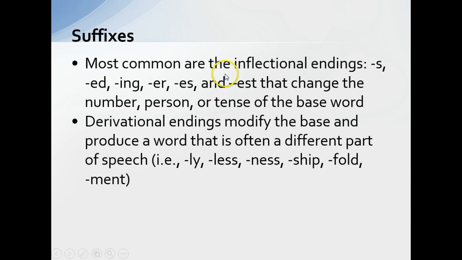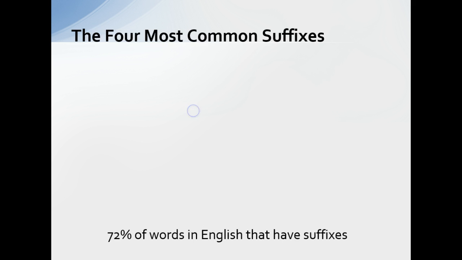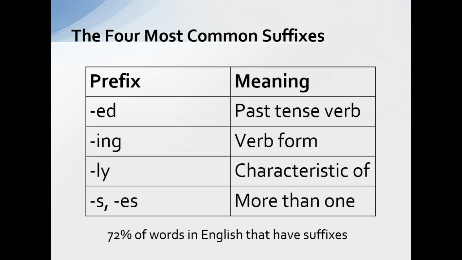Derivational endings modify the base and produce a word that is often a different part of speech. Are ly, less, ness, ship, fold, ment. And so, our four most common suffixes are ed, which is our past tense verb, ing, verb form, ly, characteristic of, and the s or the es is more than one. And 72% of words in English that have suffixes include these four common suffixes.